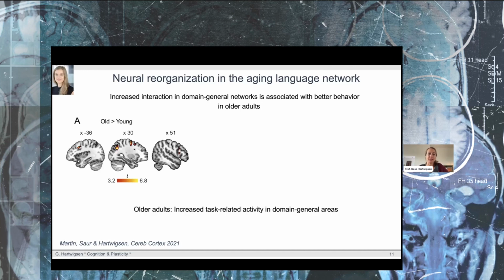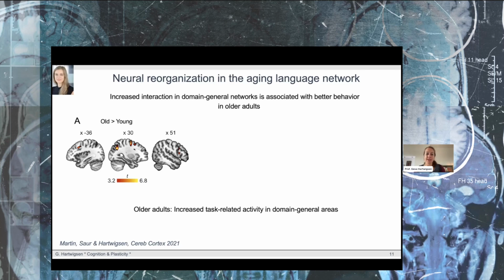What does that mean? Here you can see the difference in task-related activity during verbal fluency. So this was a semantic fluency task: participants view categories, and they have to come up with members of the category and have to overtly produce them.